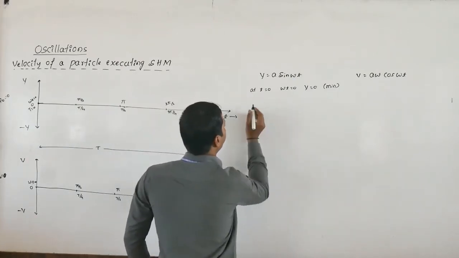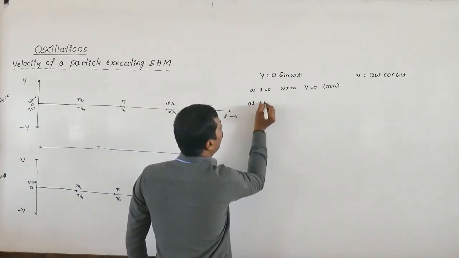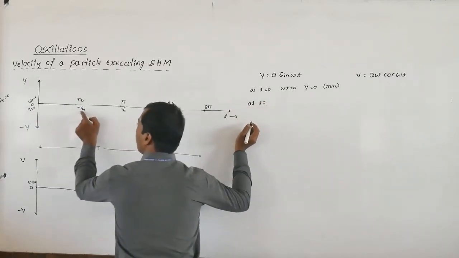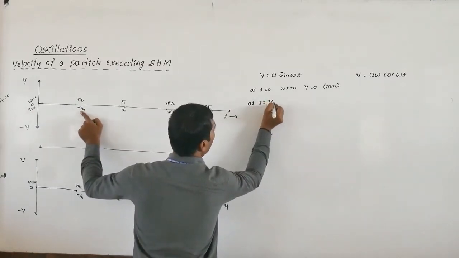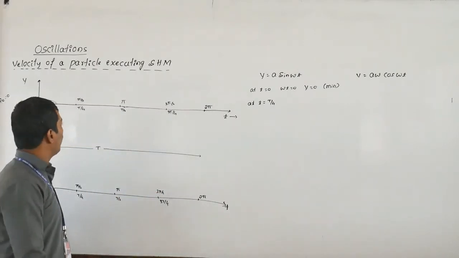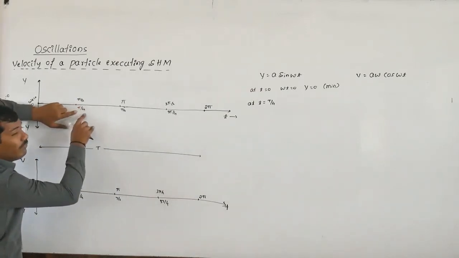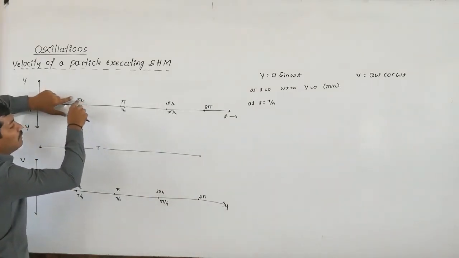Next, after that, t is equal to T by 4. If t is equal to T by 4, the total omega t is how much? Pi by 2.